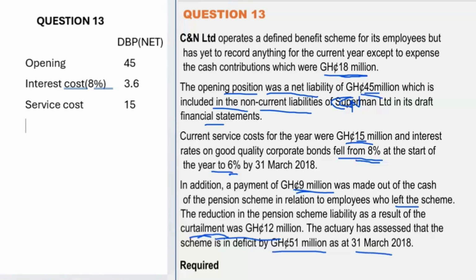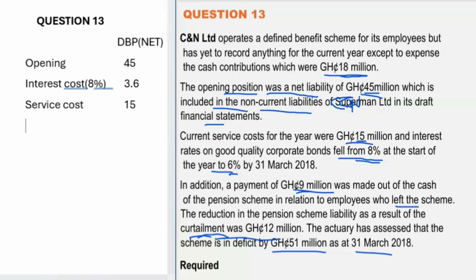Then the next one, let's work on the curtailment. We said curtailment is a component of past service cost. Past service costs are in two forms: curtailment and plan amendment. So plan amendment and curtailment are components of the past service cost.